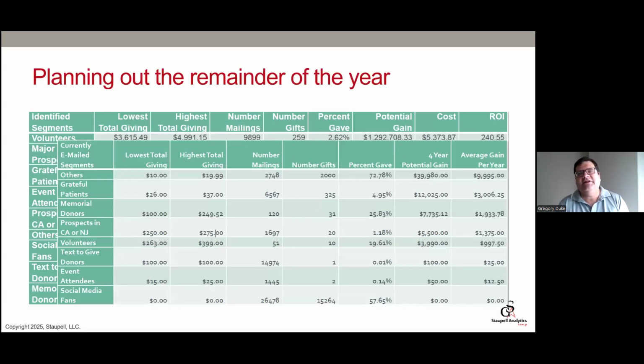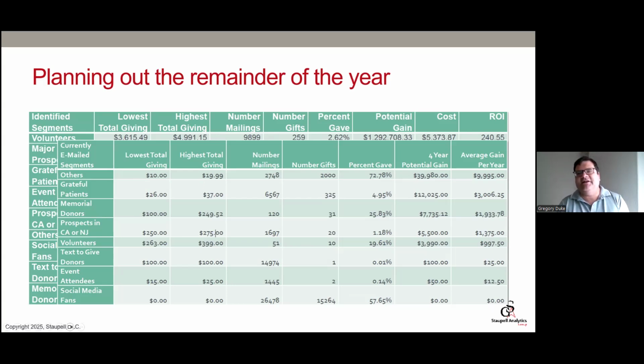So the next thing we need to do is plan out the remainder of the year by taking a look at what appeals we're doing. We talked a little bit about this before.